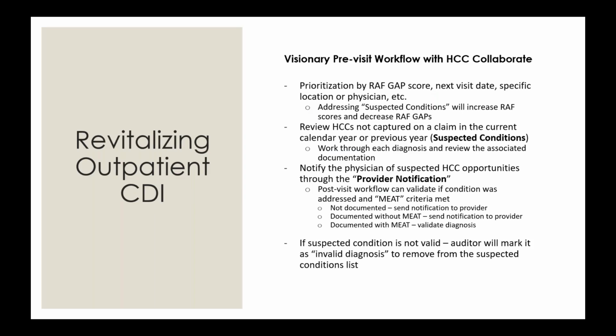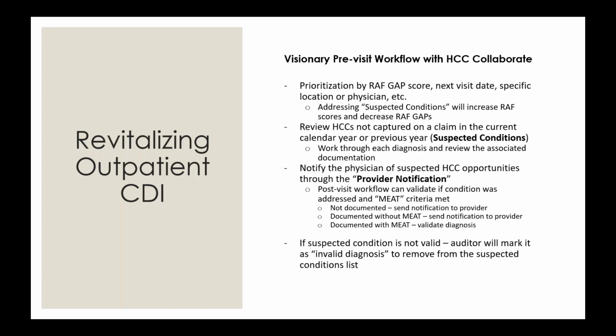And then this is the vision for that pre-visit workflow for HCC Collaborate. So, again, you can prioritize by those RAF scores or those gaps in care, the next visit date, a specific location or physician. So just narrowing down what would be the most important and the most effective way to see those patients, like what would you want to do for that prioritization?